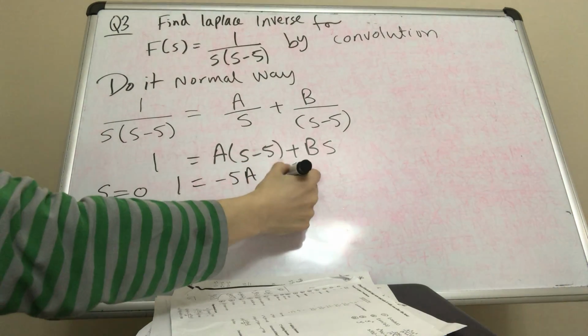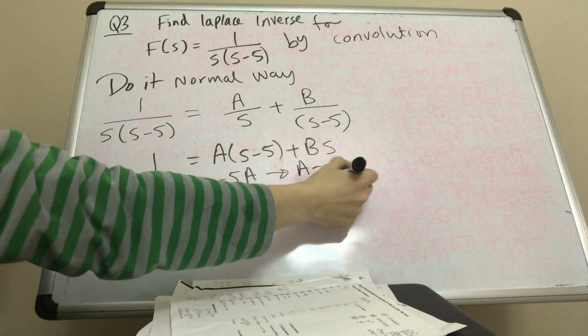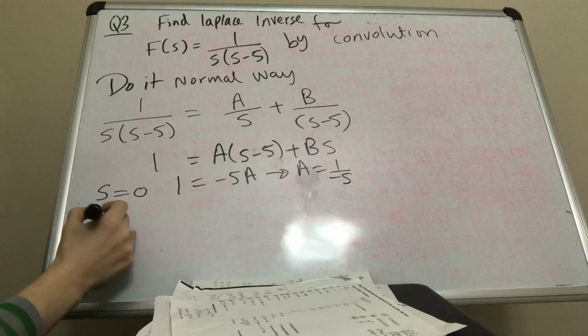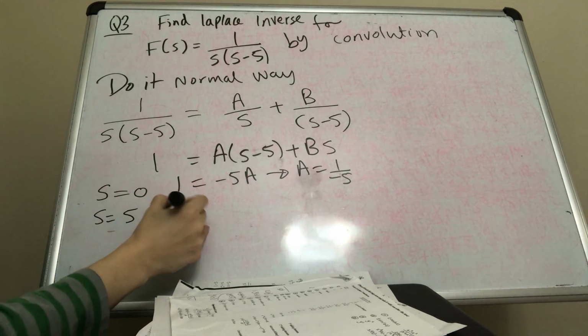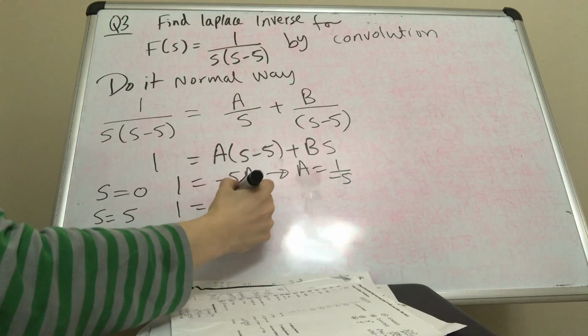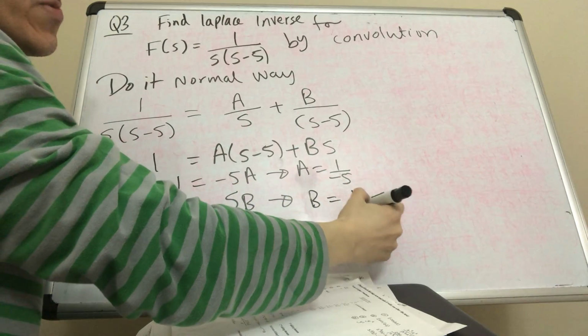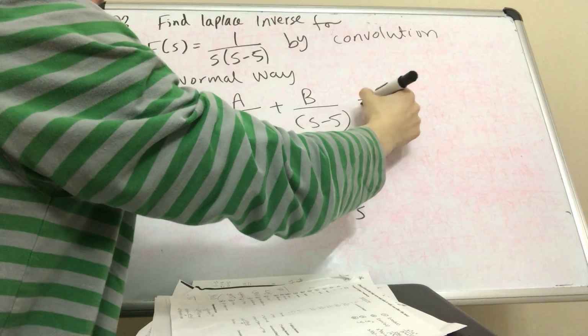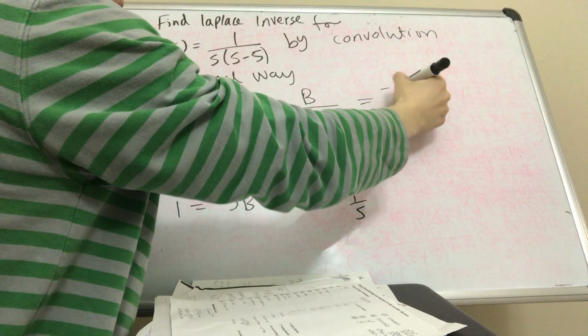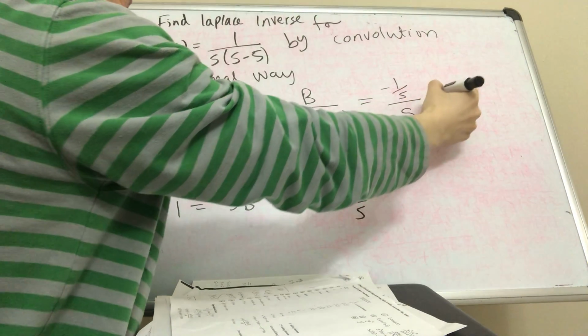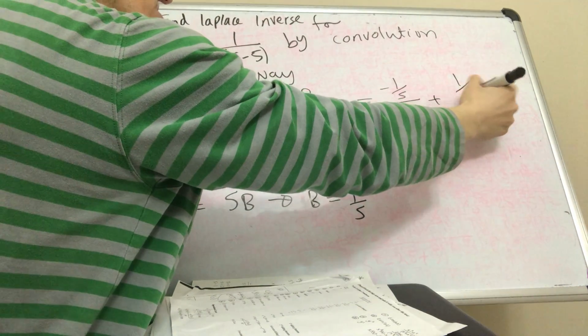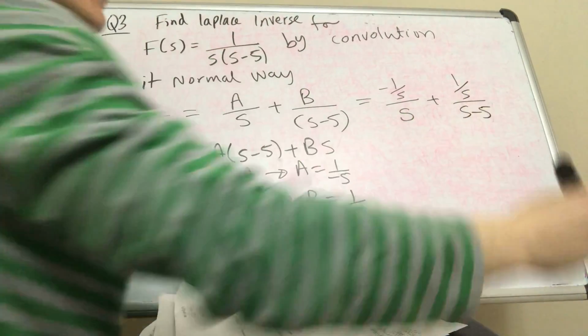Minus 5a. A is 1 over minus 5. We try 5. We get 5b. So b is 1 over positive 5. So this one, negative 1 over 5 over s, plus 1 over 5 times s minus 5.